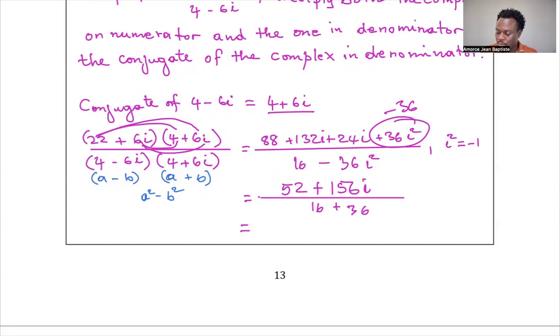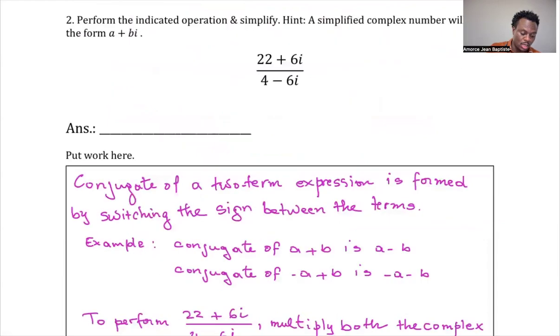So 16 plus 36, 52. So that equals 52 plus 156i over 52. So the final answer here is 1 plus 3i. When you simplify, 52 divided by 52 is 1, 156 divided by 52 is 3. So your answer here is 1 plus 3i.